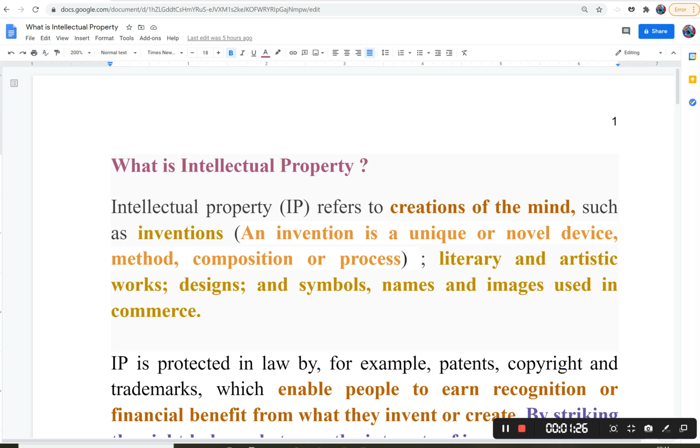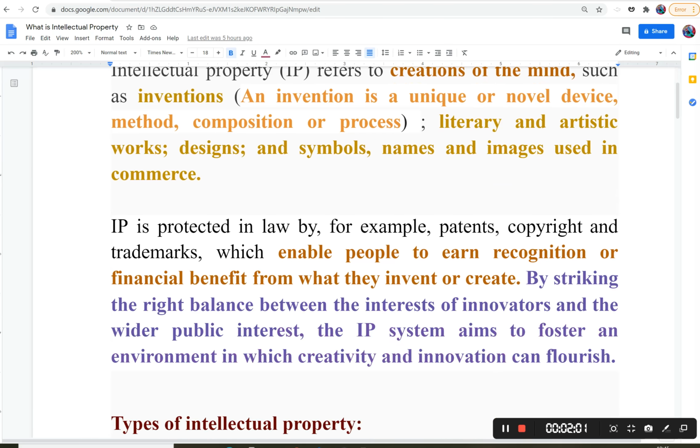It can be an invention, a device, product, or even a process. It can also be literary and artistic work, design and symbol, and the names and images used in commerce. So intellectual property can take many forms.